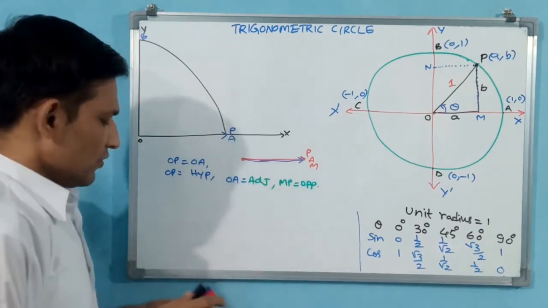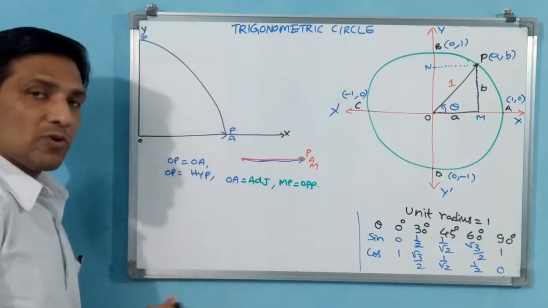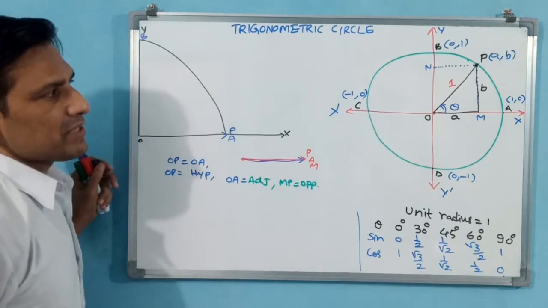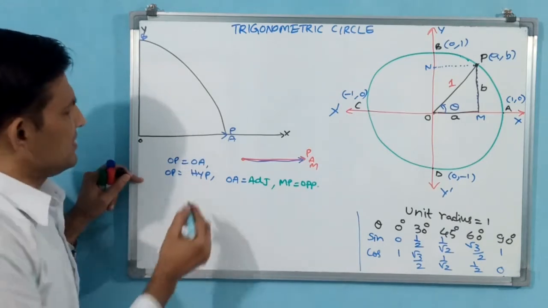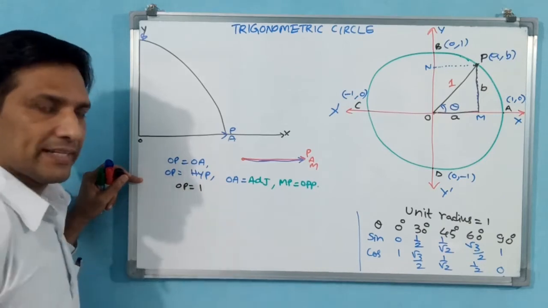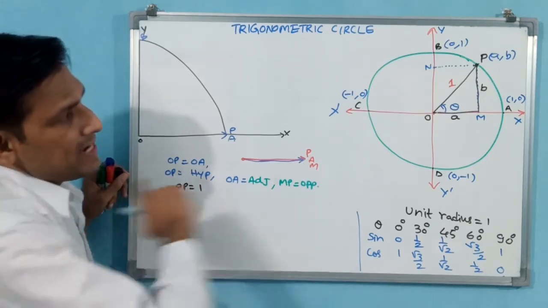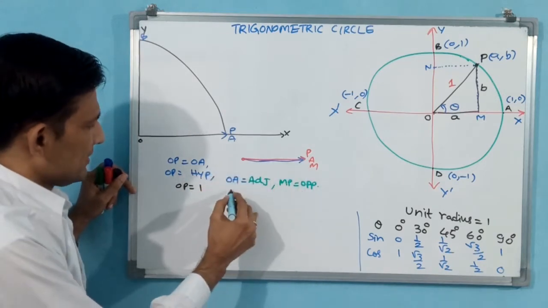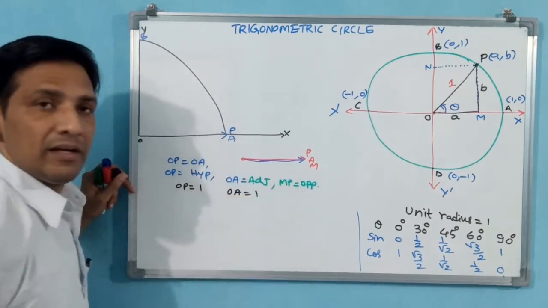Now you see how we have received these results. See, hypotenuse, how much has it become? Hypotenuse is 1 only, always 1. That means OP is equal to 1. You write it. Then OA is adjacent side. Adjacent side, how much? Adjacent side also 1. OA is equal to 1.